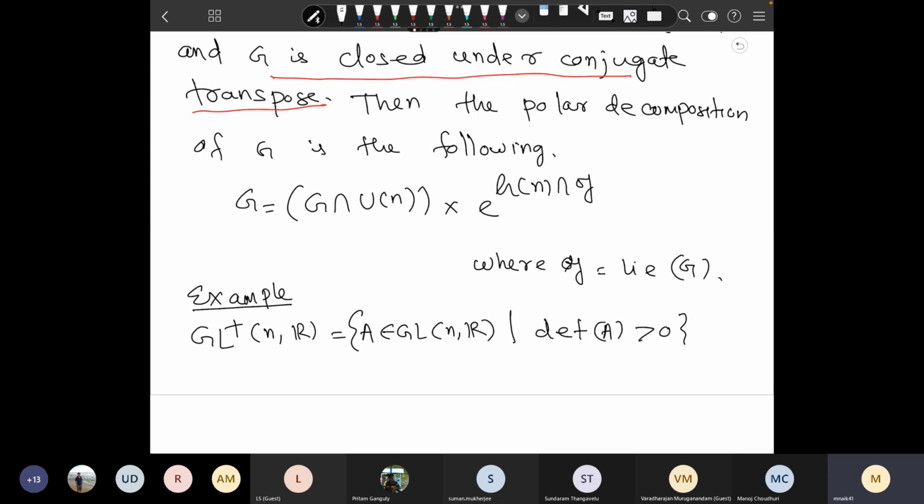If you look at this description, it is not clear whether GL plus n R is pseudo-algebraic or not. At present I also don't know the answer. But the thing is, I have proved a polar decomposition of this group GL plus n R.